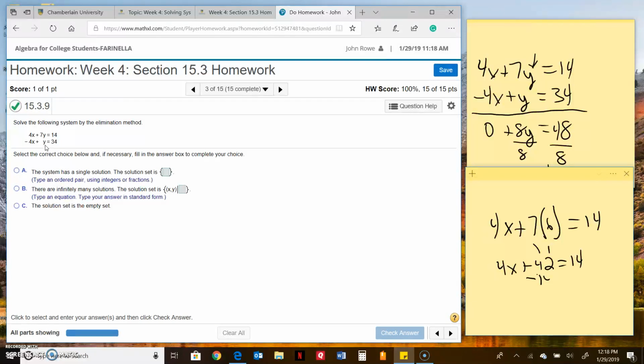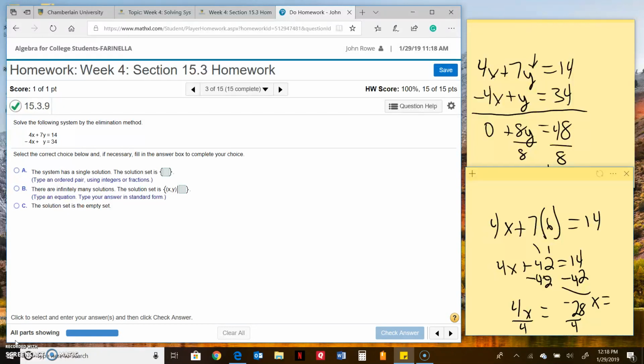We subtract 42 from either side, and we are left with negative 28. 4x equals negative 28. Divide by 4.